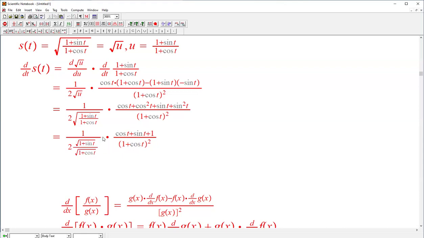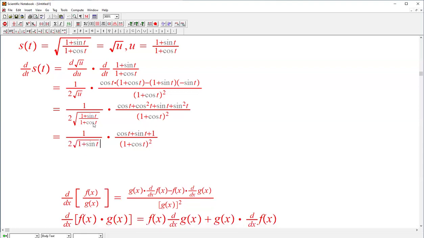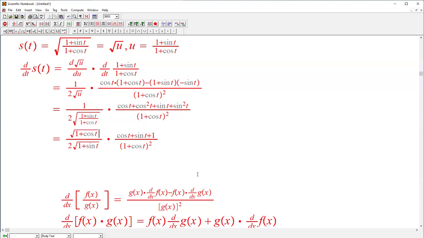So as a complex fraction, we multiply this on both top and bottom, so this piece will be flipped to the top. Okay. And we can leave it like that.